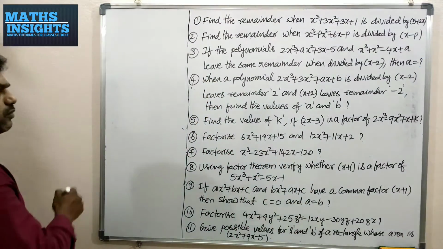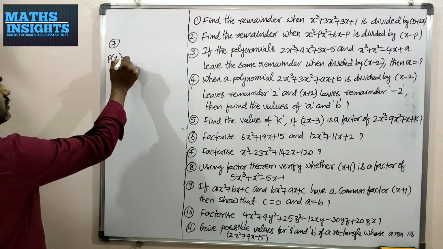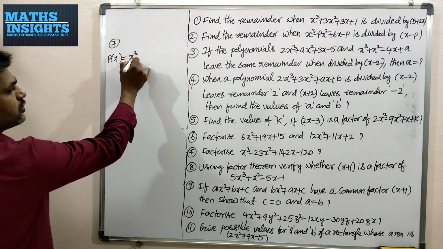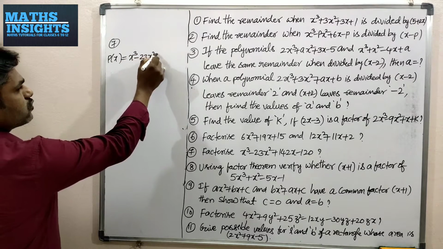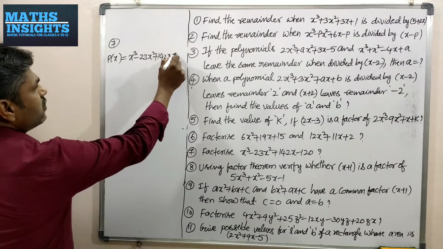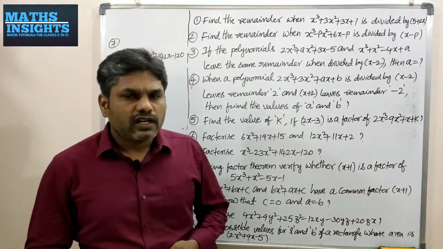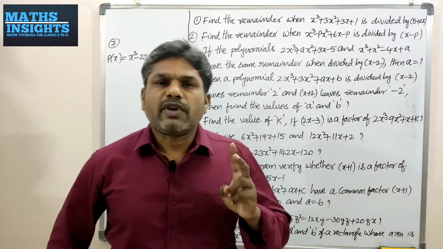Let us assume the given polynomial as p of x. P of x, this is question number 7. P of x is equal to x cube minus 23x square plus 142x minus 120. In this case you have to remember two principles.